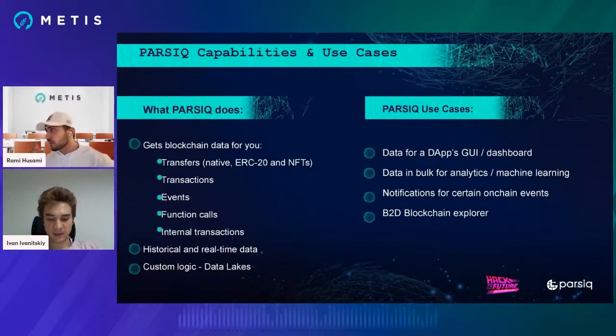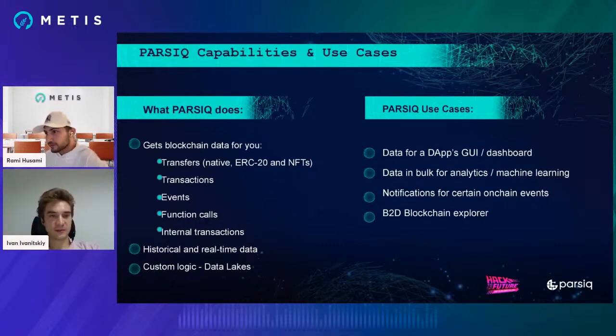So in case you don't want to host all this infrastructure on your own hardware, and you need fast and reliable data, you most probably will go for a data indexer such as PARSIQ. So what does PARSIQ do?